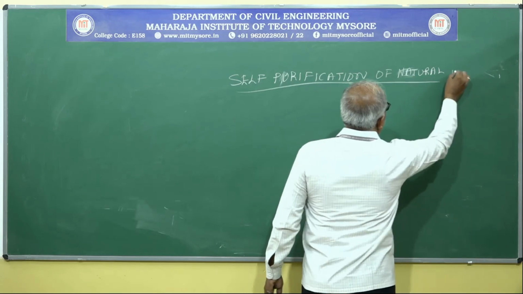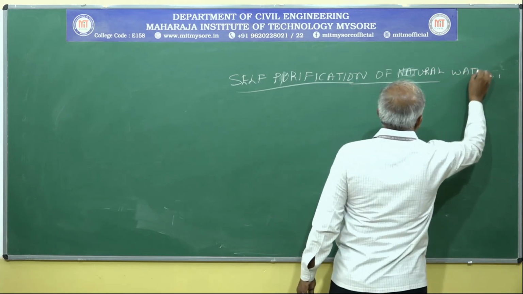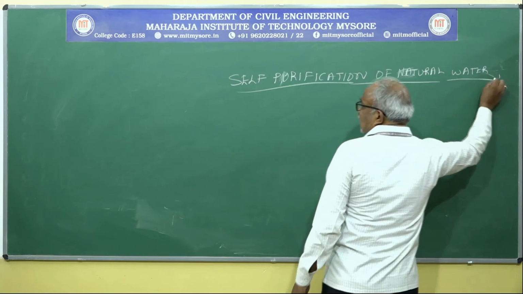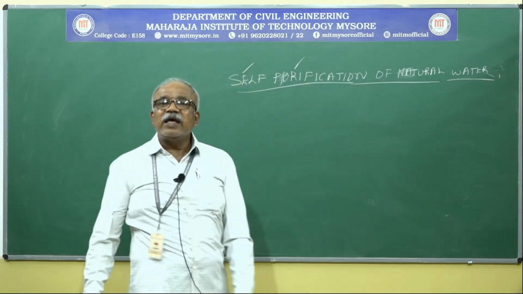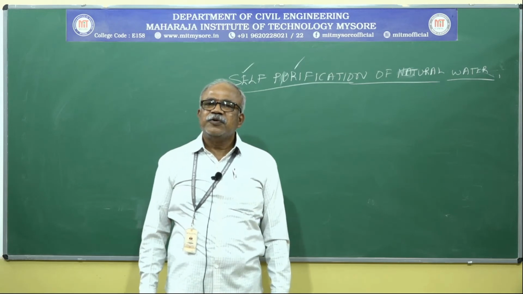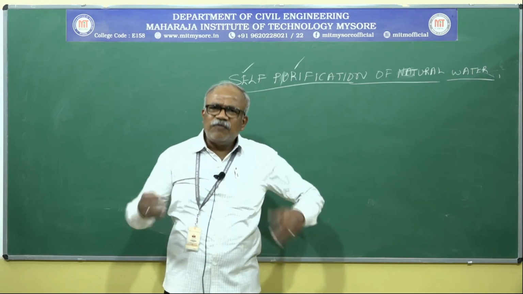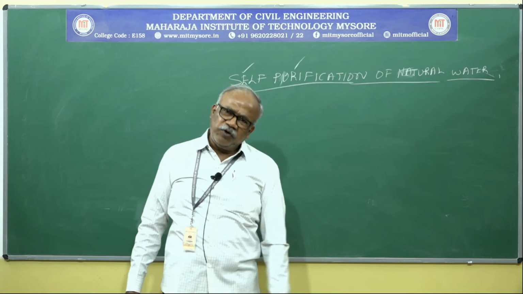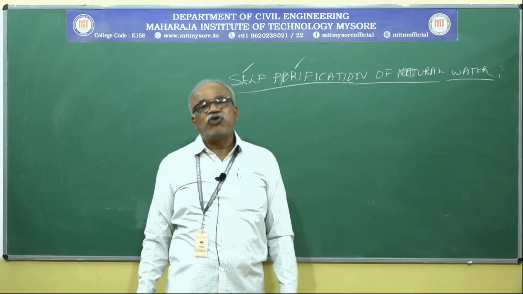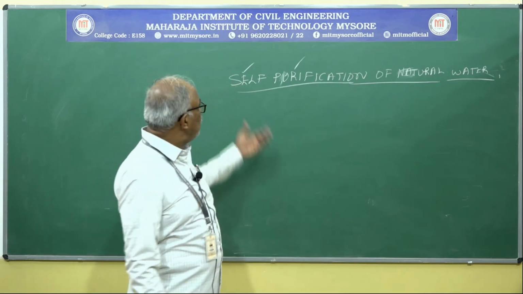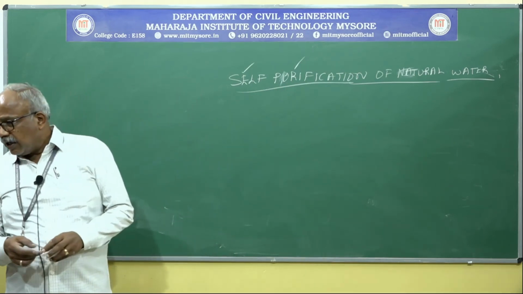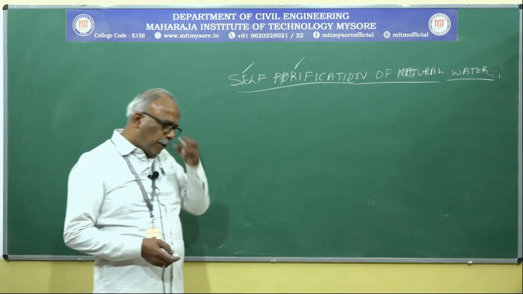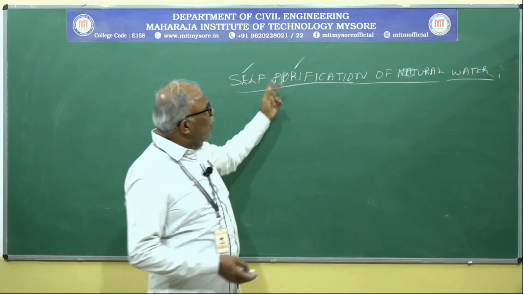The name itself indicates self-purification without adding any chemicals. Without adding any chemical, voluntarily it can be purified naturally. That is nothing but the self-purification of natural water or streams. Okay, very clear. Why we have to study this?